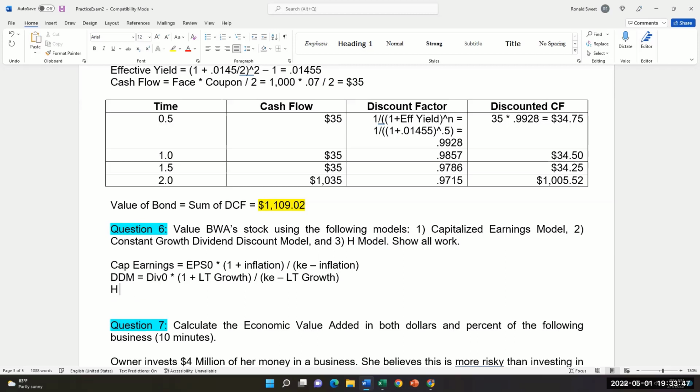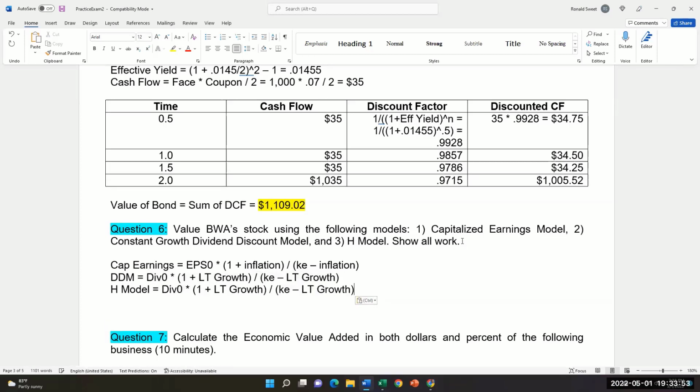And then the H model is the dividend discount model, one little section. I always do it like this because I want to prove to you you're not really learning anything that much more. Plus dividend 0 times H times short-term growth minus long-term growth.